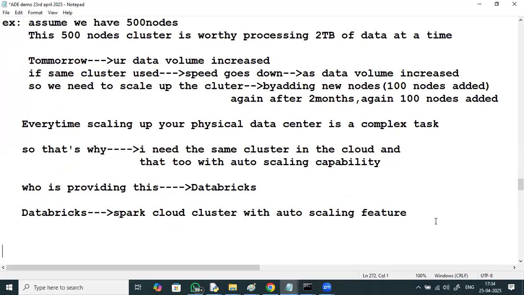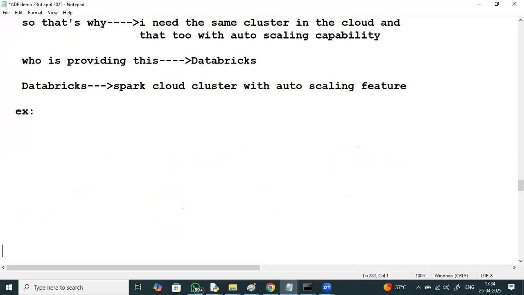Example, today my data load requires 100 nodes.